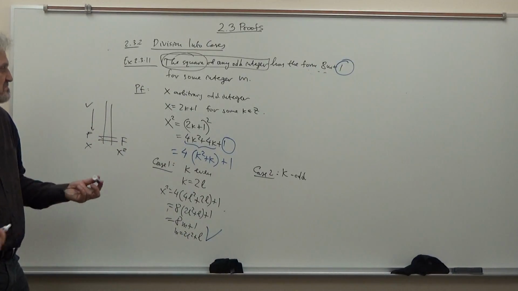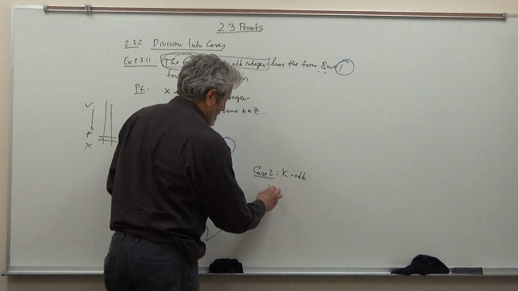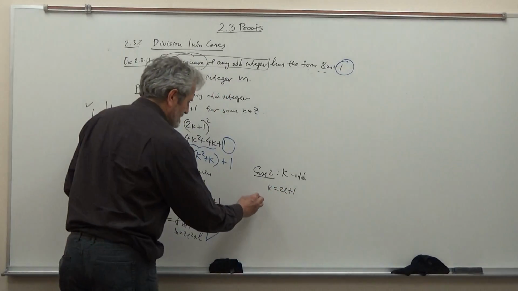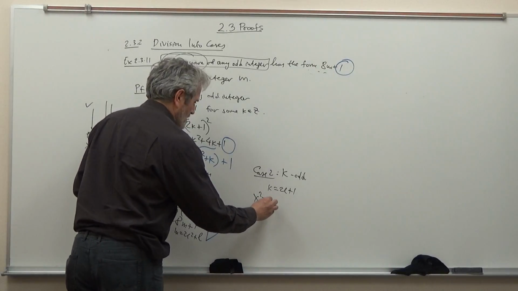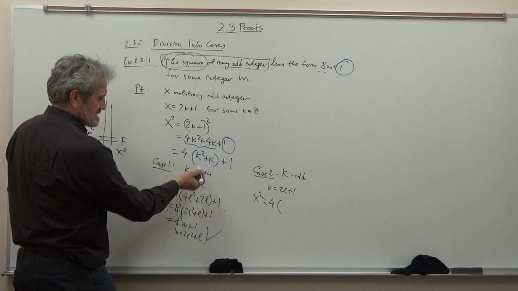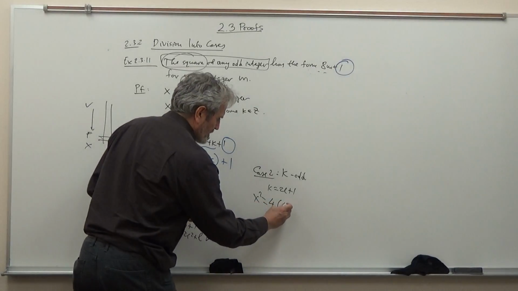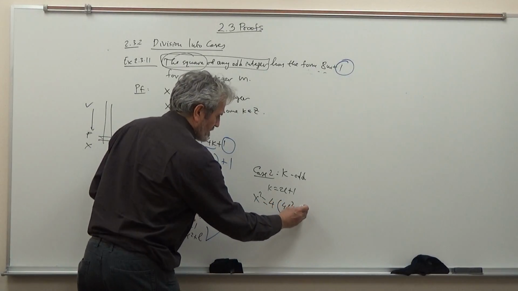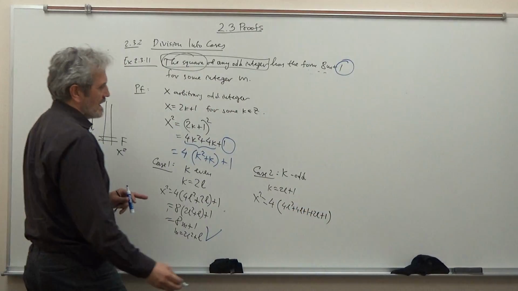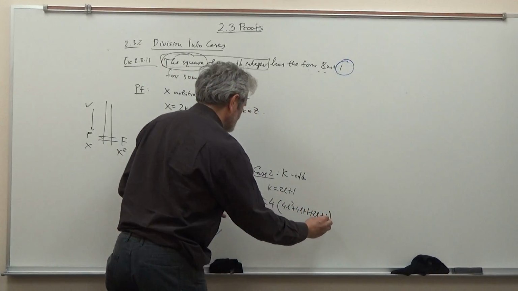If k is odd, the same thing, just a little different algebra. I need to close that case as well. So when we plug it in, k squared would be 4 from outside. Then k squared plus k would be 4l squared plus 4l plus 1 plus 12. Heavier algebra, but nothing bad.